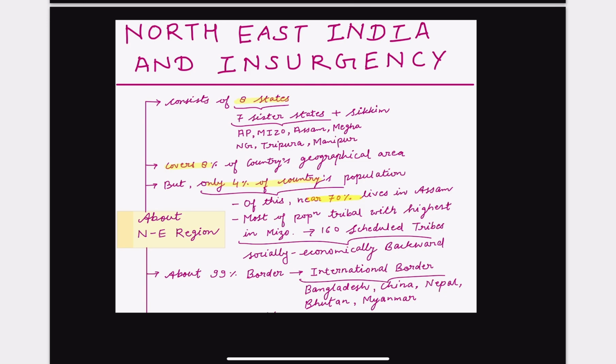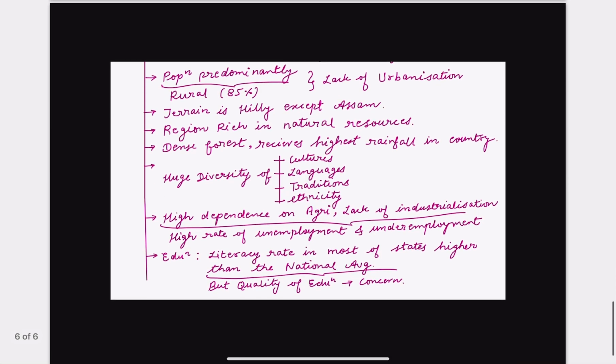It lives in Assam. 70% of the population of Northeast lives in Assam. And Mizoram is the state with the highest scheduled tribes population. Okay, and we just saw that 99% of the border region is actually international border, and the countries touching are Bangladesh, China, Nepal, Bhutan, and Myanmar.